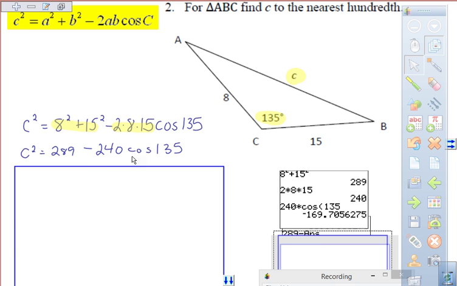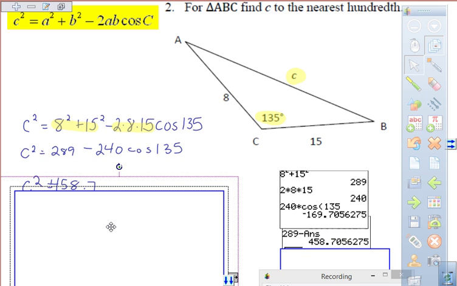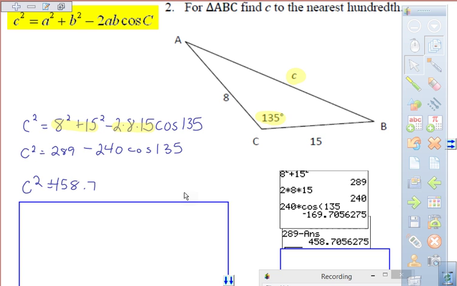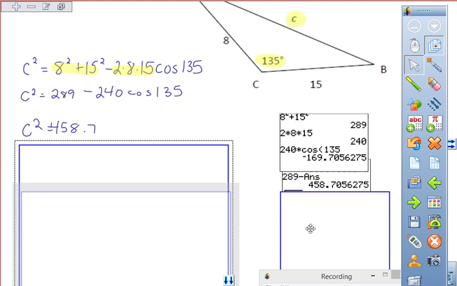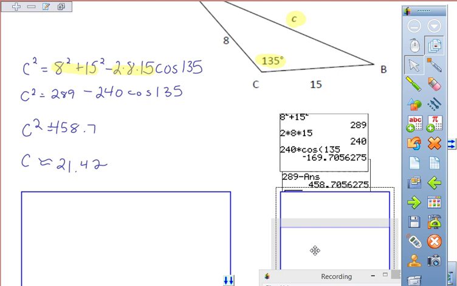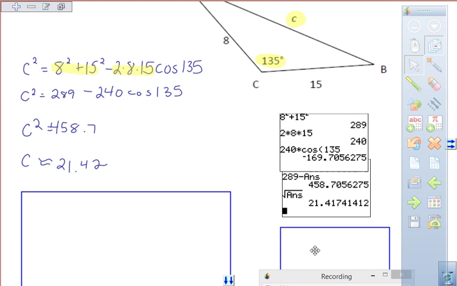I did it in 2 different steps. I did the 240 cosine, and then I did 289 minus. That's just another variation on how you could do that. So we're getting c squared equals 458.7. And then to get c by itself, we take the square root. And we're getting 21.41. Please pause the video so the students can finish copying what they need.